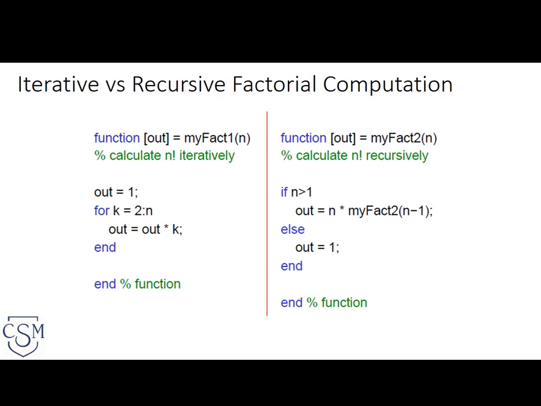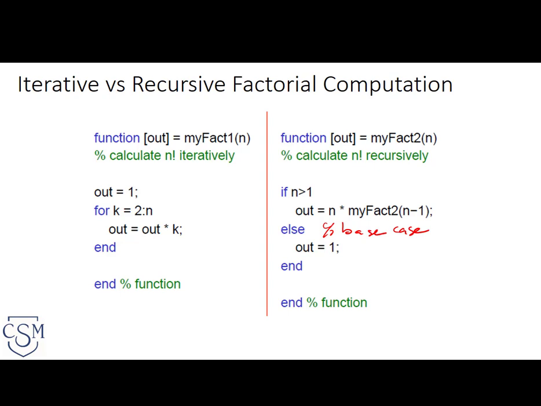A little bit more difficult is to visualize how we would compute this recursively. Remember, the recursive function must have a base case. So here, this is the base case. The base case doesn't have to be on top like the previous function I showed you.